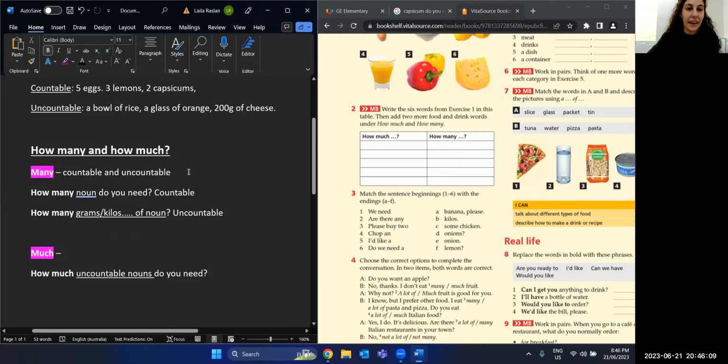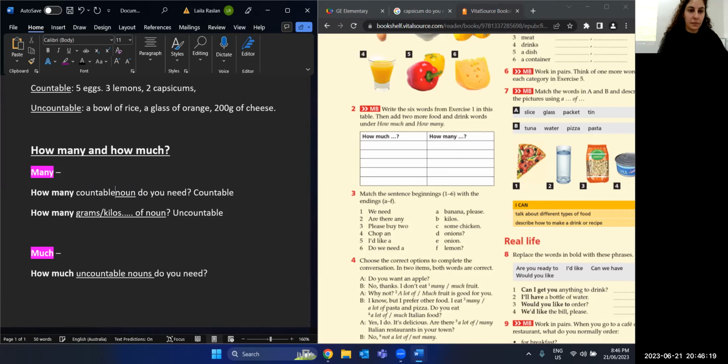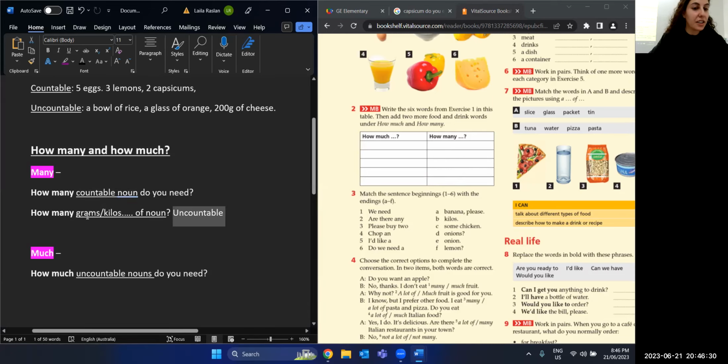But you say, how many apples do you need? Or you can also say how many for the uncountable as well. How many grams of butter do you need? So you can use this one with the uncountable.